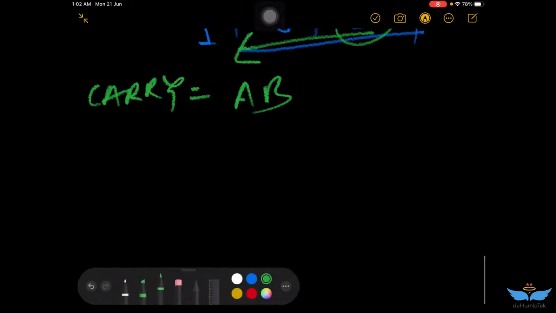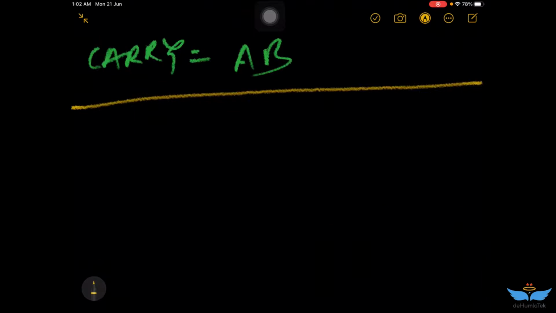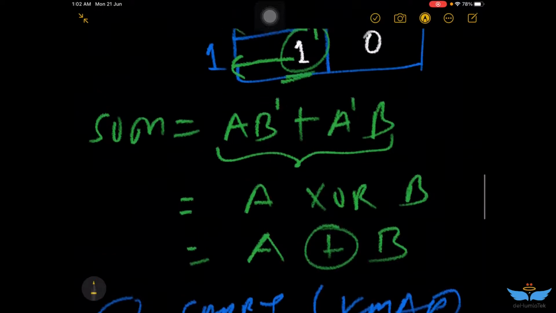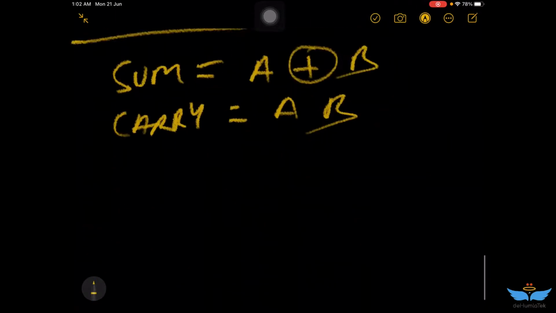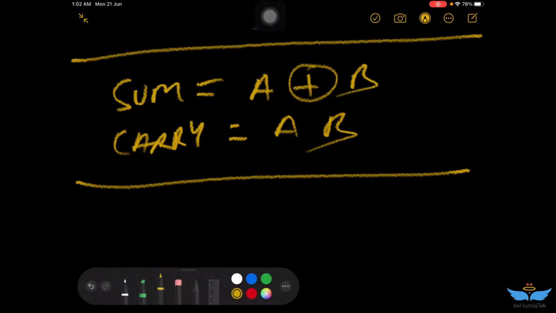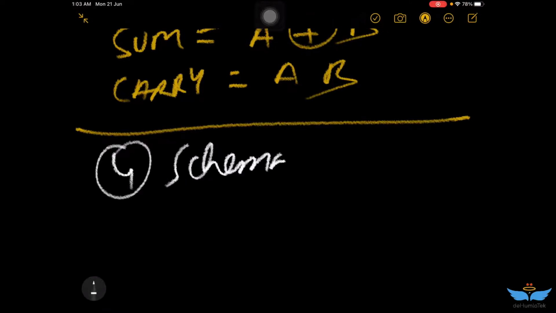To summarize, we have got the functions: sum equals A XOR B, whereas carry is A and B. Using these Boolean functions, we can now make the logic circuit for the half adder, a schematic diagram.